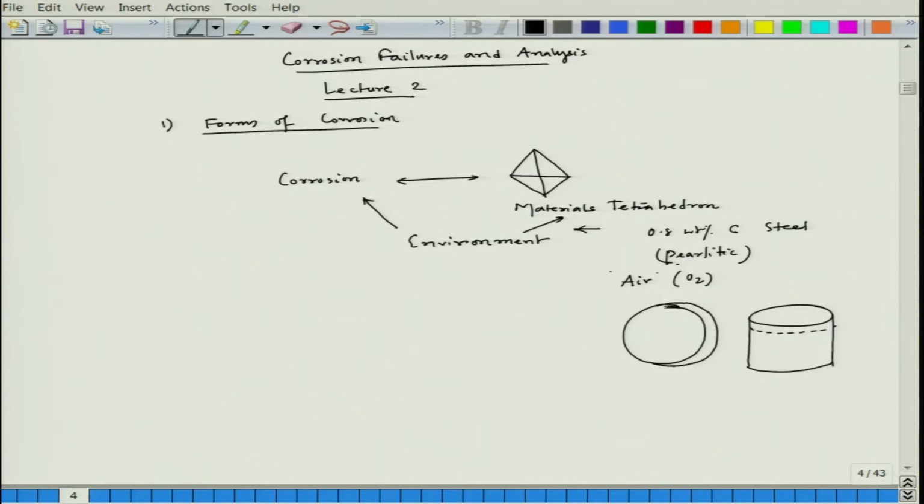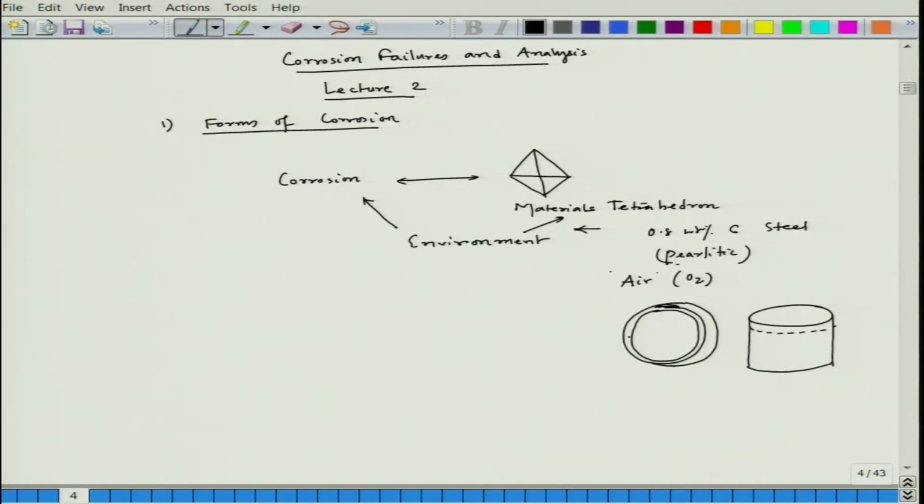If you look at the microstructure after heating this 0.8% carbon steel at around, let us say, 600 degrees Celsius for a long duration, after you etch it, around the periphery you will get a white layer.